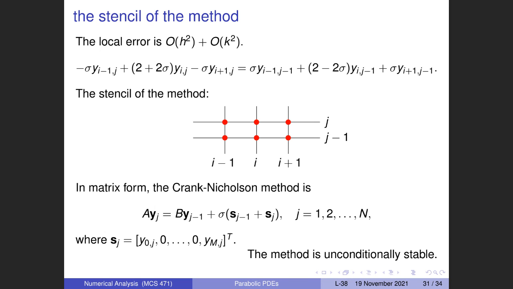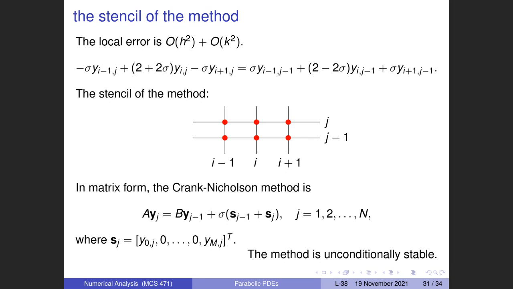We can visualize the formula, and there are two main properties of the formula. The local error is quadratic, both in time and in space. And the method is unconditionally stable.